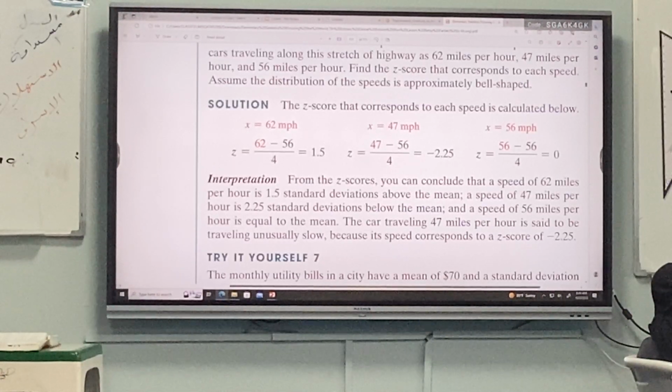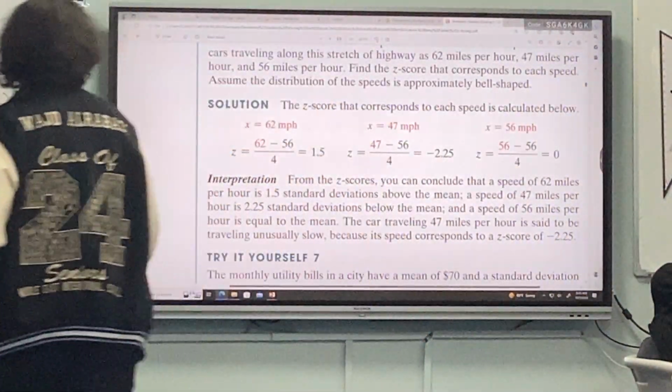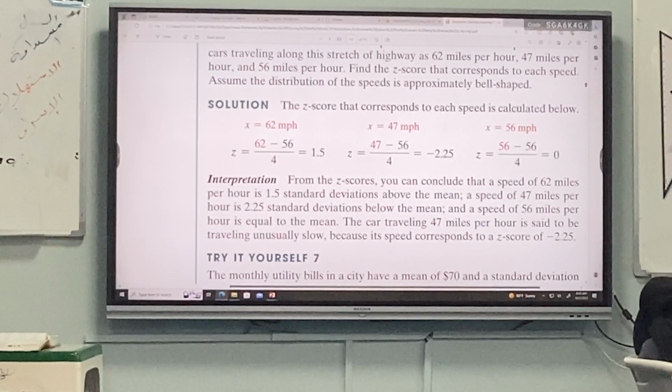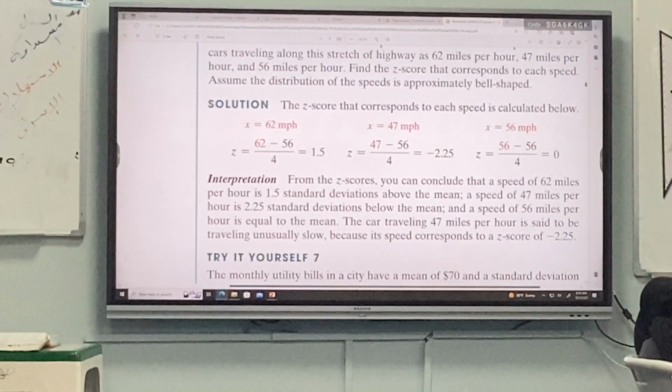What do you mean by that? So you have the mean, and the data that are given, for example, 47 miles or 56 miles. You get how much it deviates from the mean, like 1.5 times or 2.25 times.